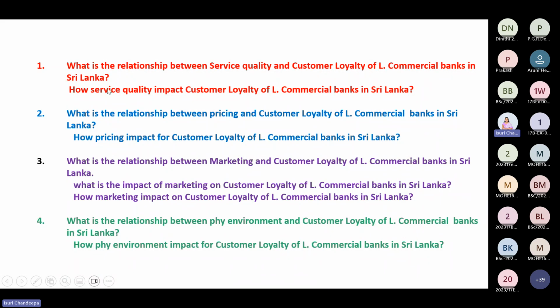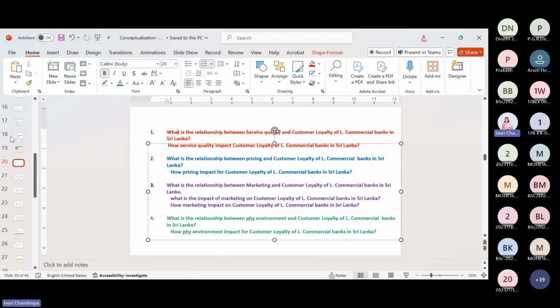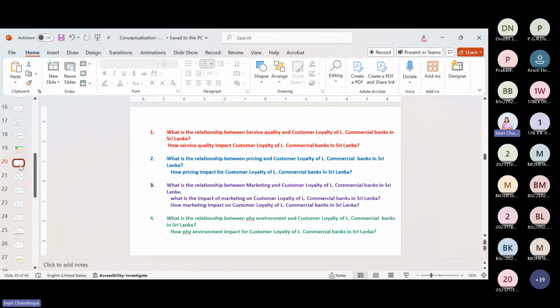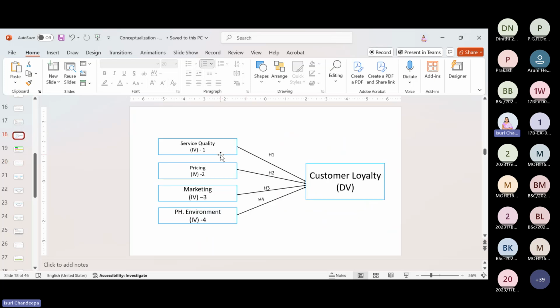So these are the 4 questions. How did you derive these 4 questions? Based on your conceptual framework. Now see here, your research variables are 4. Your research questions are regarding 4 variables very clearly, and your conceptual framework also shows the relationship between these variables very clearly. So the second important thing, I will check those things.